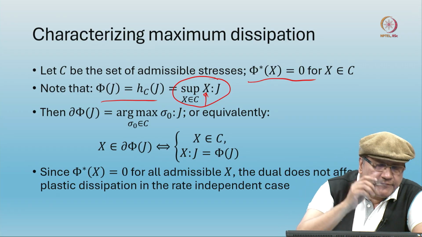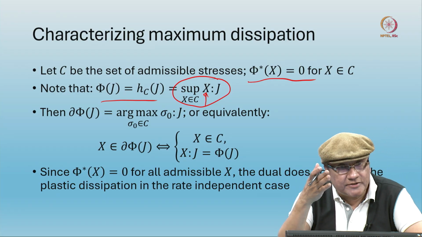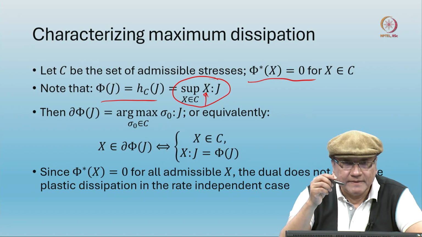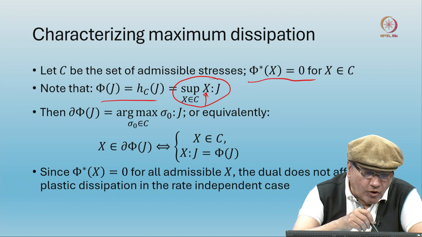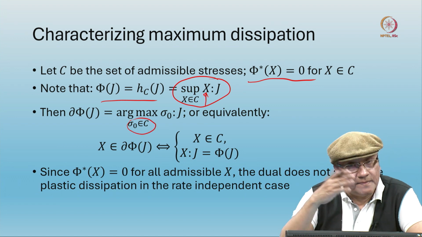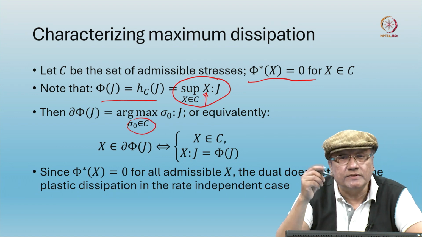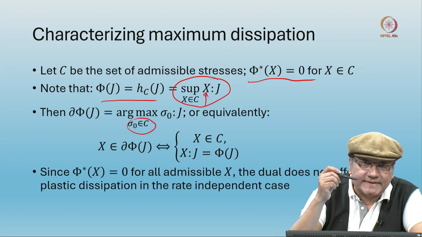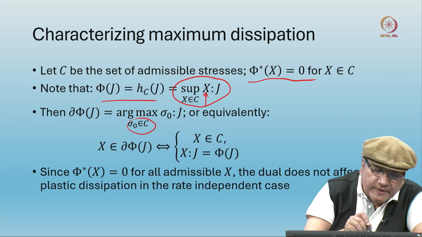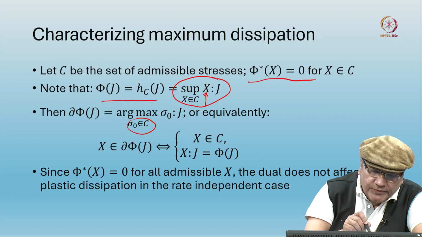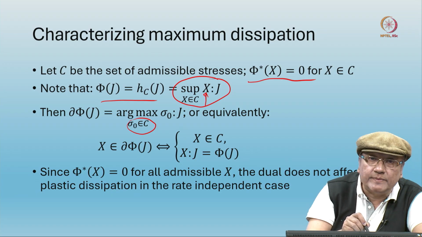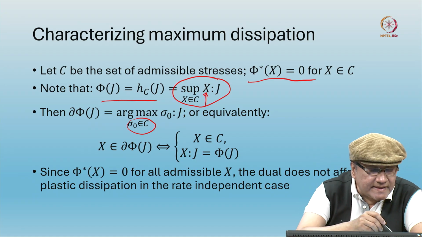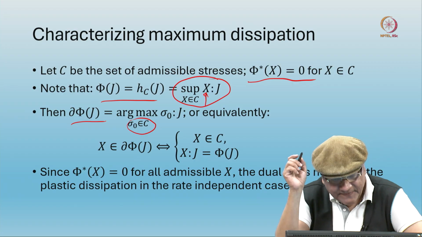So, del phi j is something like the gradient of phi j. That is nothing but the arg max over all C of sigma 0 inner product j. That means the result is a stress, because we are looking for that particular stress which maximizes sigma 0 inner product j and pick that stress out, and that is del phi j, correct.